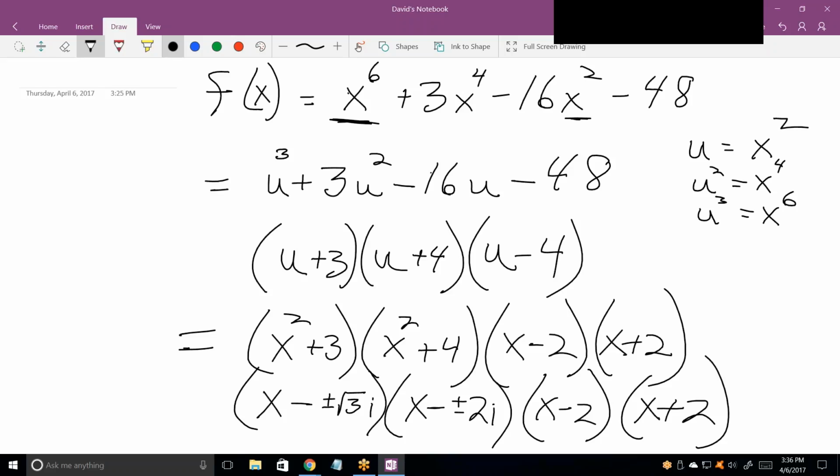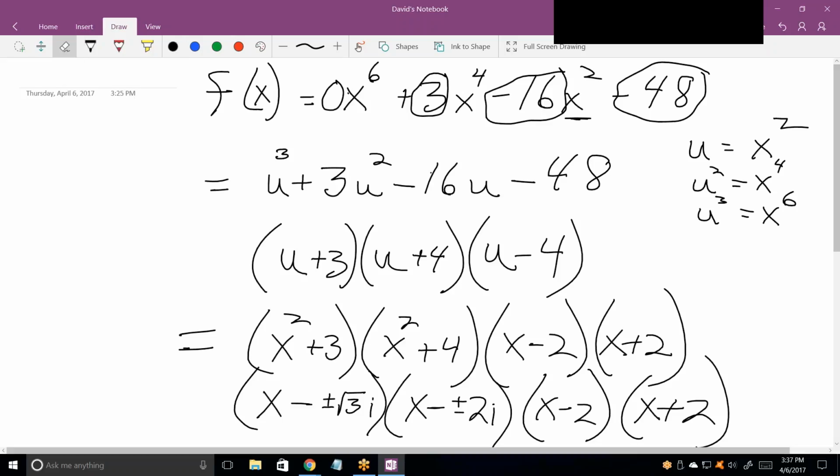Whenever I see a hard polynomial, I'm always checking to see whether that ratio is the same as that ratio, because if it is, then you can solve it by grouping. It makes it a lot easier.